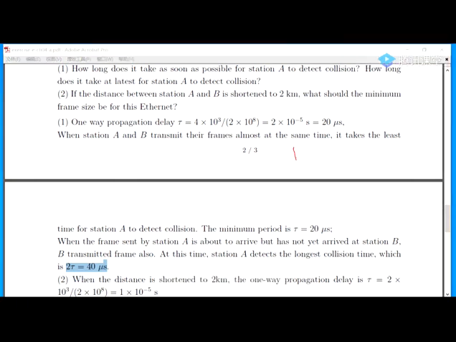Why? For example, here is A, and here is B, and we will draw the sequence chart.